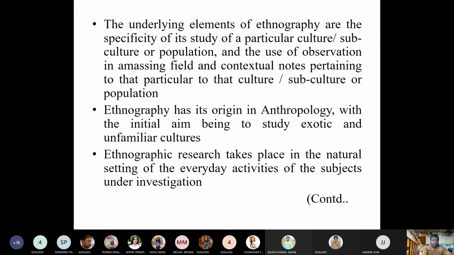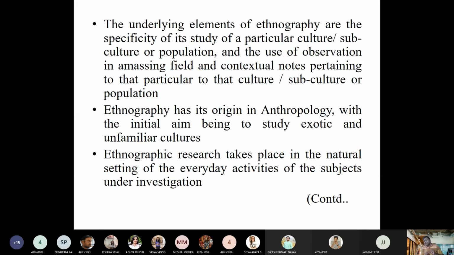While we are doing ethnographic research in a particular natural setting, in a particular location, on a particular population, we are observing and noting the everyday activities of the subjects under investigation.